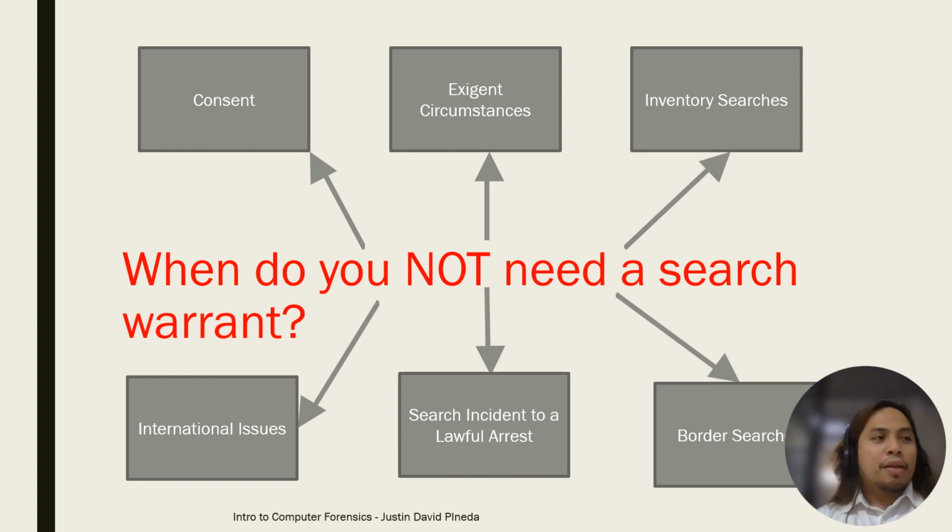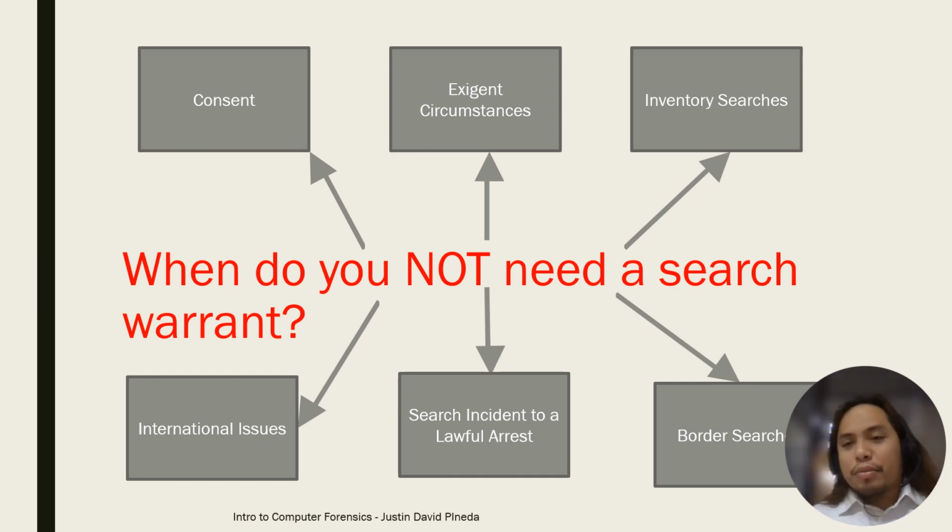Consent definitely is an exception to the rule because the person in question is giving you permission to access his or her belongings, or allows you to enter her property to investigate, right? So consent is number one exception. You don't need a search warrant for that.